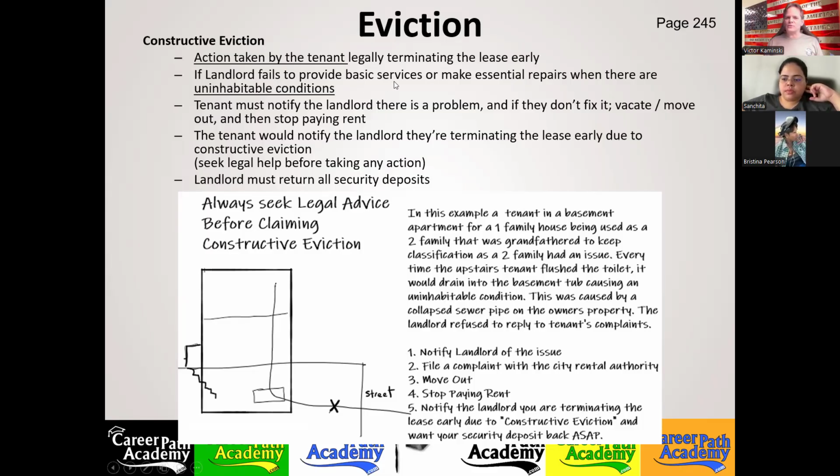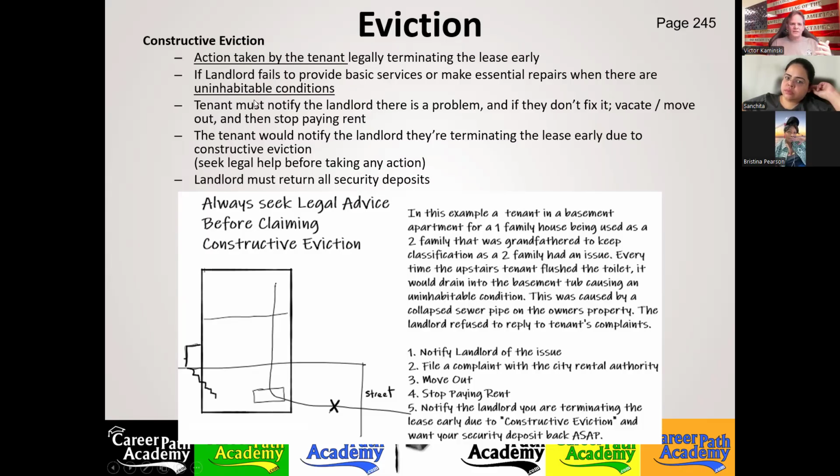If the landlord fails to provide basic services or make essential repairs when there are uninhabitable conditions. Uninhabitable conditions are not like you want them to remodel the kitchen or repaint. Okay, that's not uninhabitable conditions.